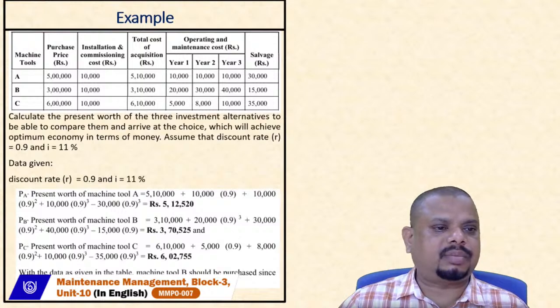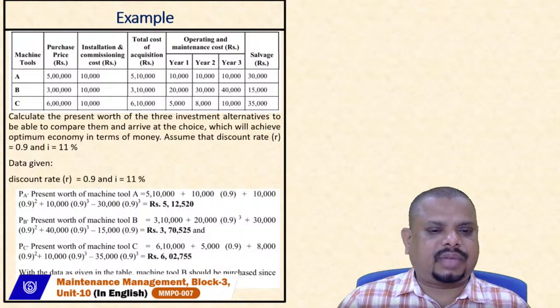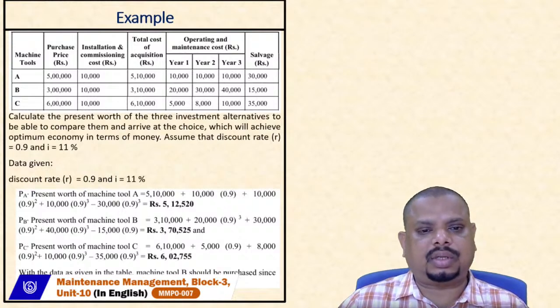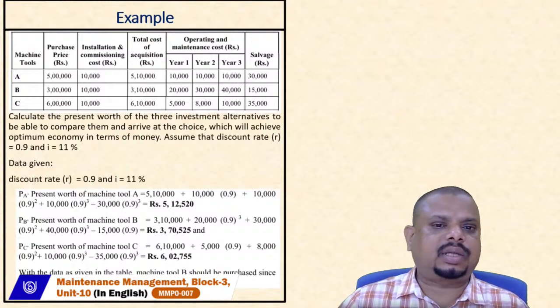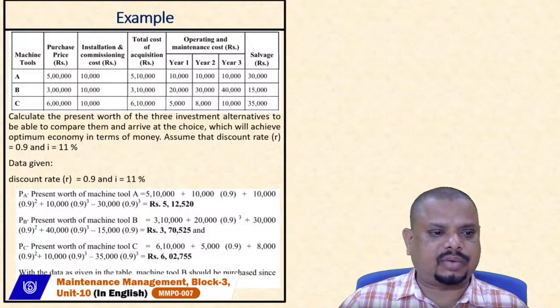For machine tool C, the operating and maintenance cost is 5,000, 8,000 and 10,000 for year 3. The next is the salvage value, which is 30,000 for machine tool A, 15,000 for machine tool B, and 35,000 for machine C.